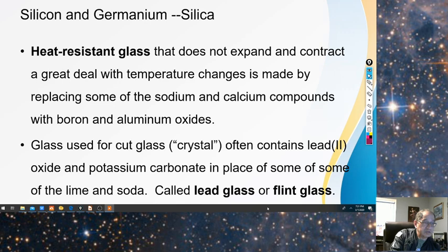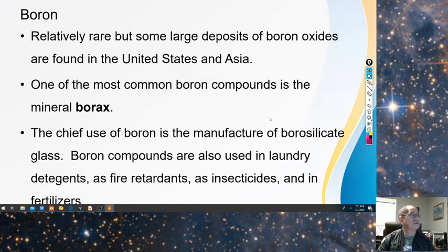Its contents. What's it called? It's called lead glass or flint glass. That kind of tells you what one of the things is probably in it. Boron. What it is and uses.